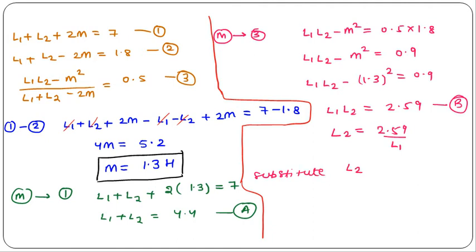If we substitute the L2 value in equation A, we get L1 plus L2 equal to 4.4. So L1 plus 2.59 by L1 is equal to 4.4.